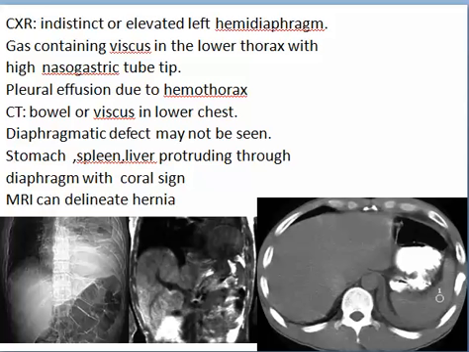On the right you can get liver, on the left you can see spleen, or stomach protruding through the diaphragm with what we call the collar sign. That means there is a waist of the stomach, of the spleen, or of the liver, and here is the waist of the stomach, at the region where the stomach is bulging above the ruptured diaphragm.